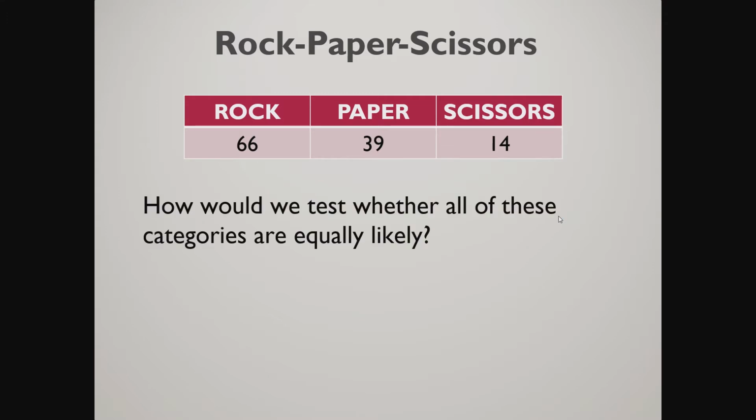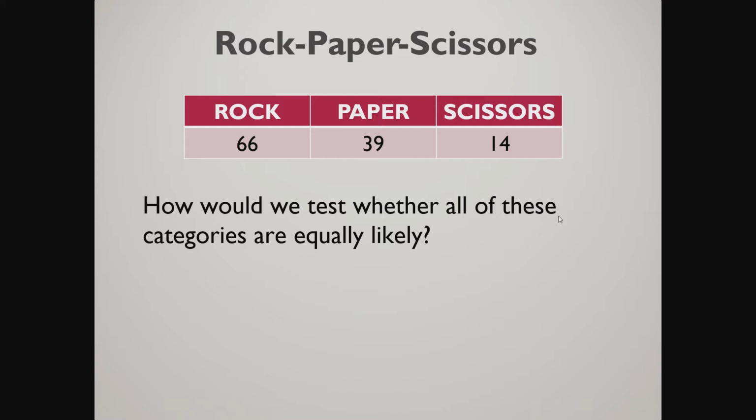All right. So in this case, we might want to test whether or not for a particular player, all the categories were equally likely. In other words, were they more prone to pick one of the categories, or are they pretty good at just being totally random?